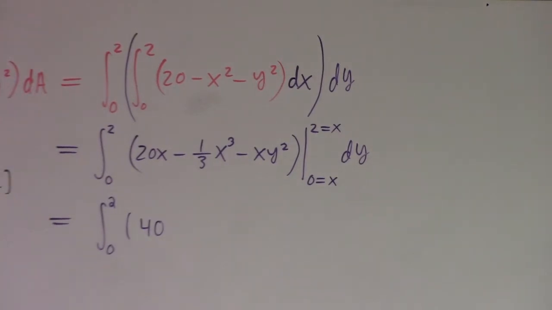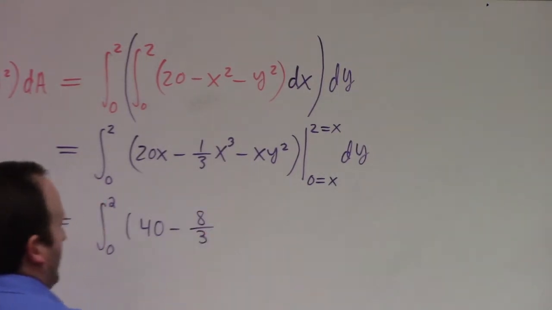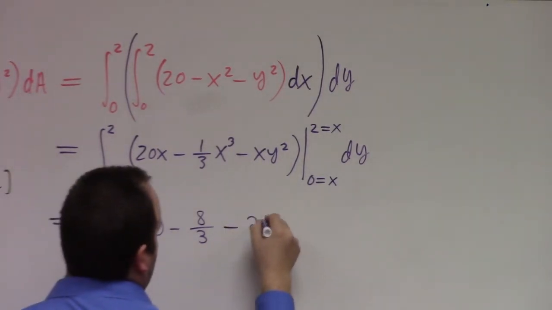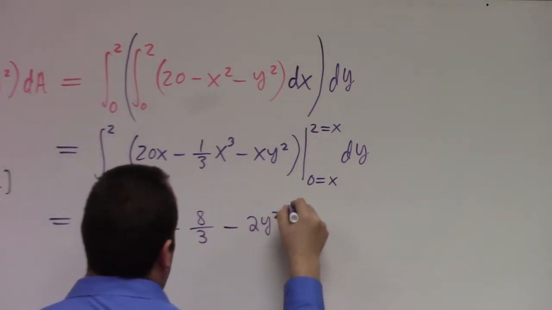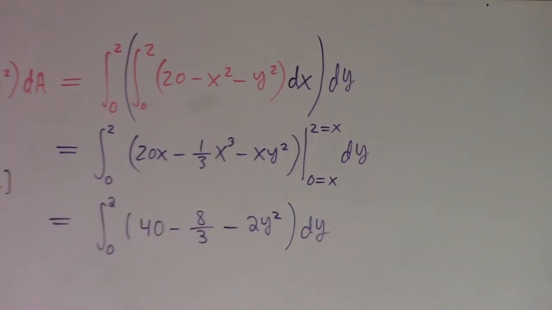And then what? Yeah, minus 8/3. Yeah, minus 2y squared. Let's see, that's 120 minus 8, 112 thirds.